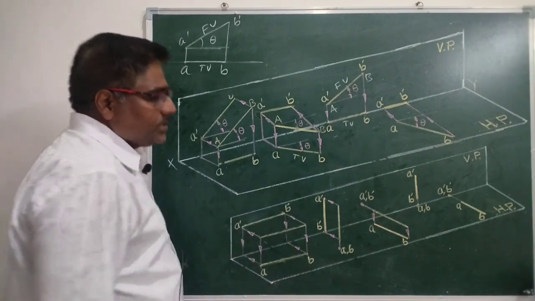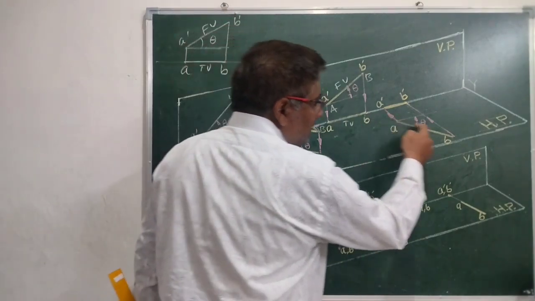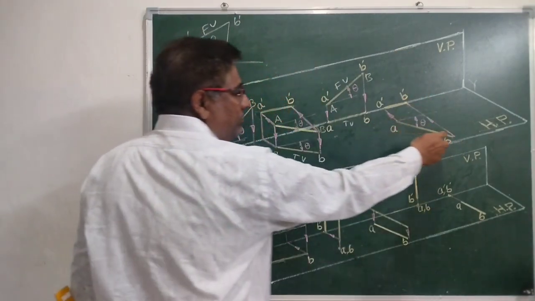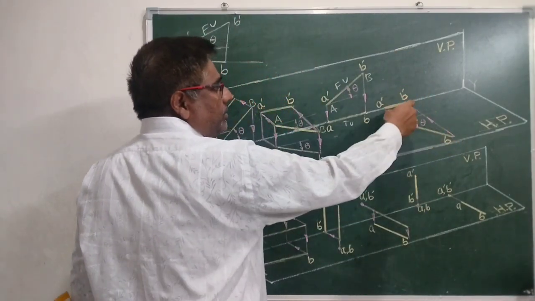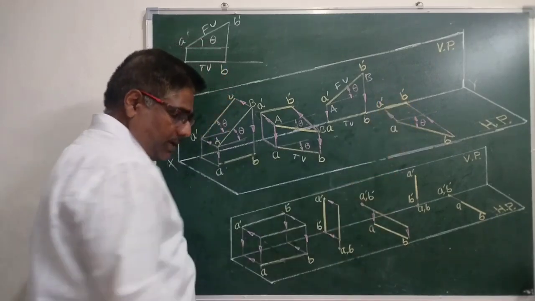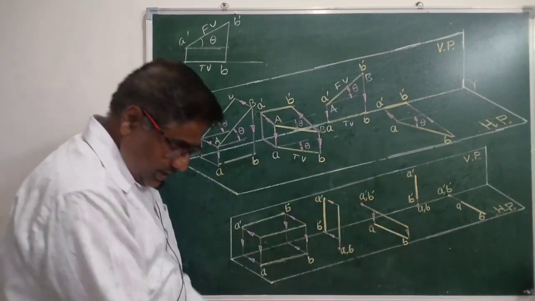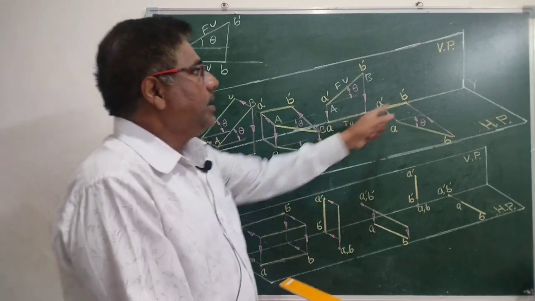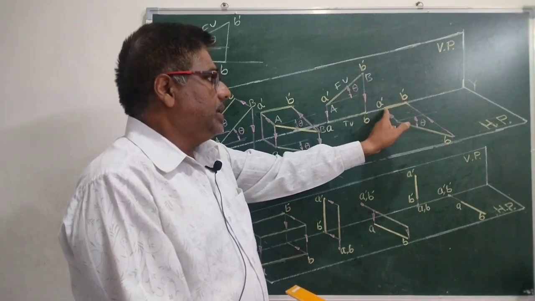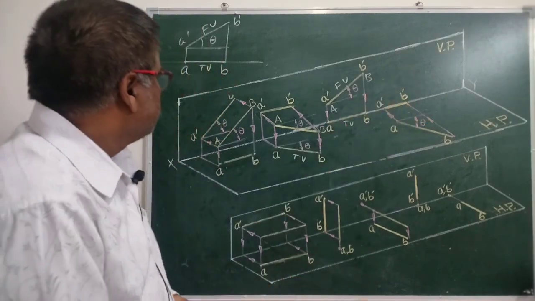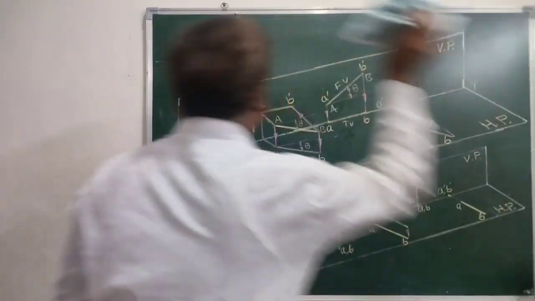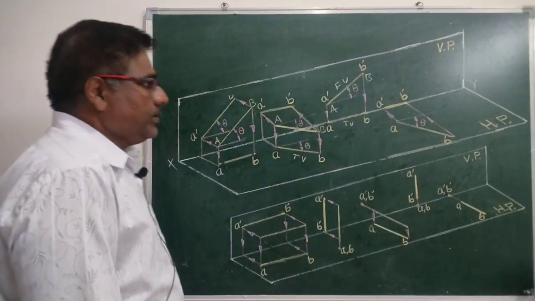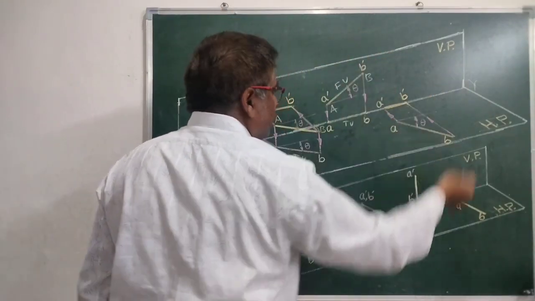Now, next case is line is in HP and inclined to VP. As it is in HP, when we try to draw its front view, if you keep this line on horizontal plane and project the endpoints on vertical plane, we will land on XY line. Therefore, what are the projections of line when it is in HP and inclined to VP?